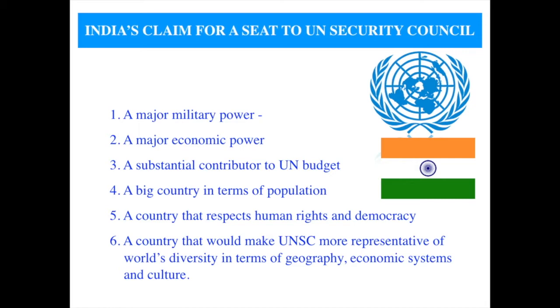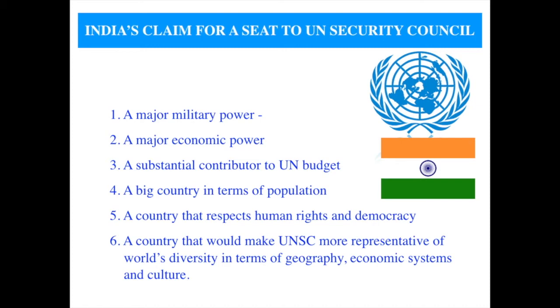However, here we'll do only India and the reasons for India's claim for a seat in the United Nations Security Council. So here are the criteria proposed for the new countries wishing to join the United Nations Security Council, which we just finished reading. Okay, so we'll do the points one by one. So the first criterion says a country should be a major military power.